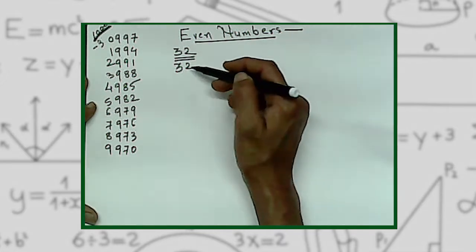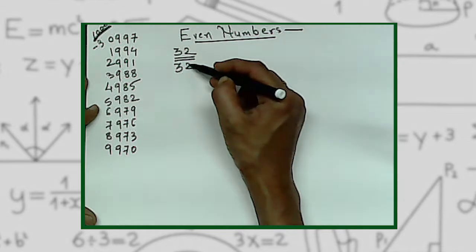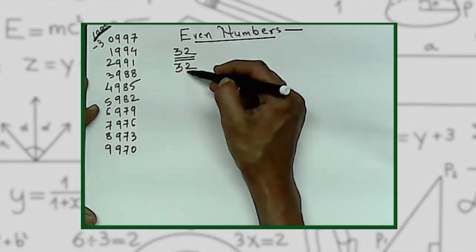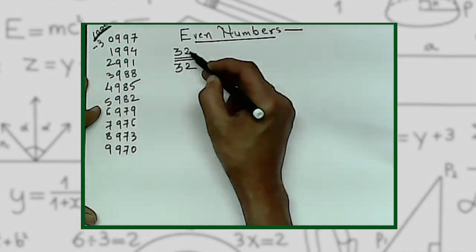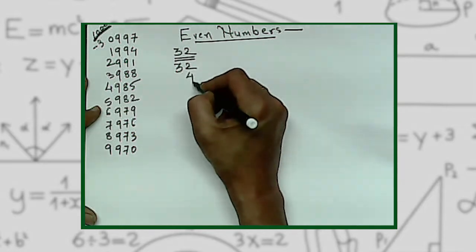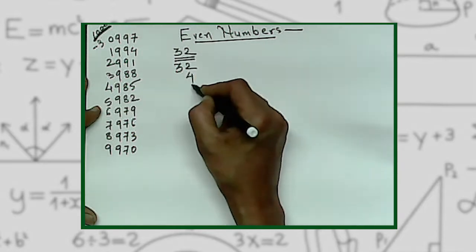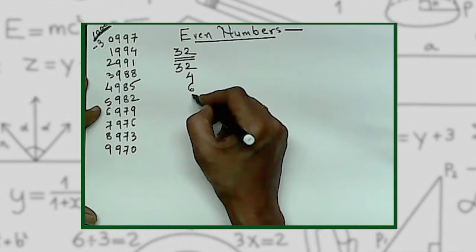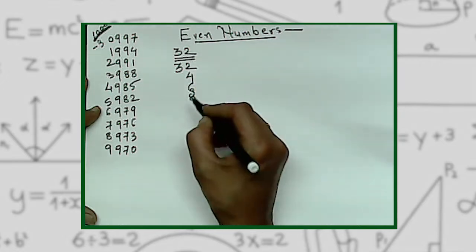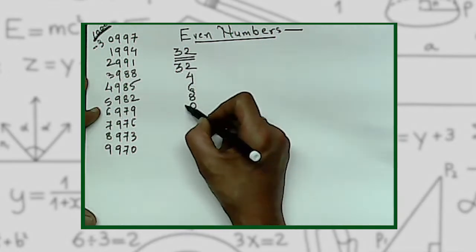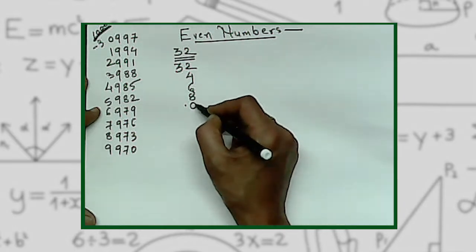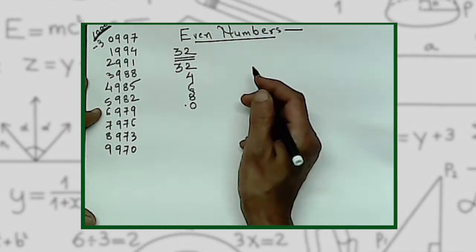Now here method is different. We will follow units place and we will go on adding units place. So 2 plus 2, 4, 4 plus 2, 6, 6 plus 2, 8, 8 plus 2, 10. Whenever there is 2-digit number, we will have to give point here. We will take point instead of tens place and we will take 0 here.